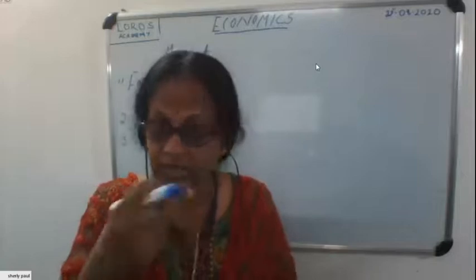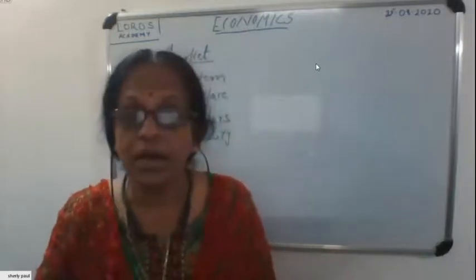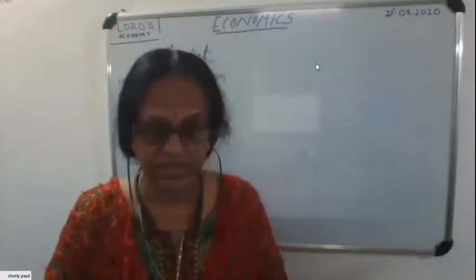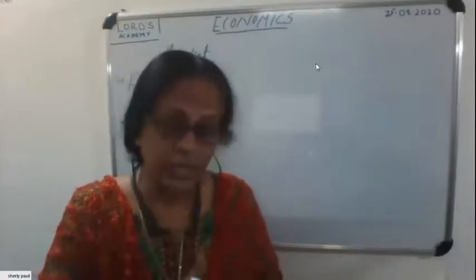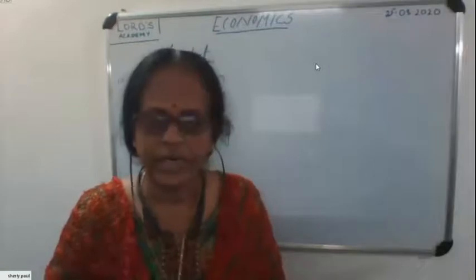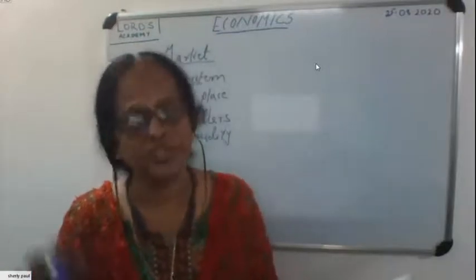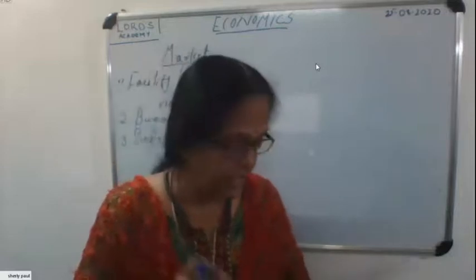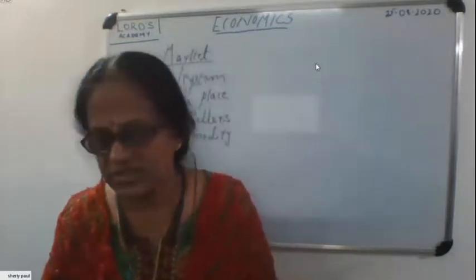Therefore, when we are studying the market, the next one is market structure. Market is classified on the basis of area, functions, time, legality, and competition. Mainly we have to study competition. Area, functions, time, we are not studying.